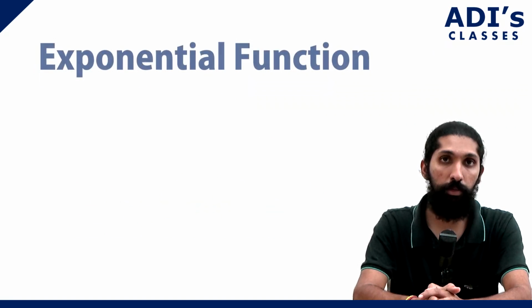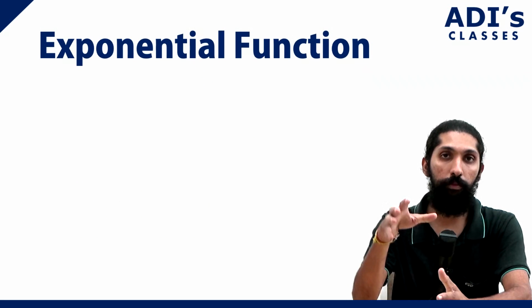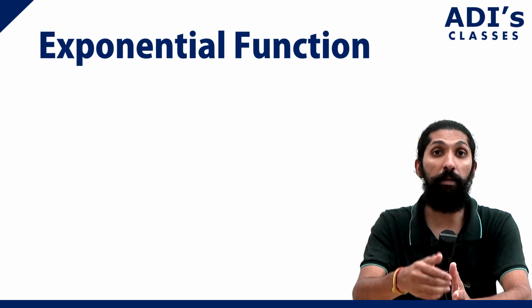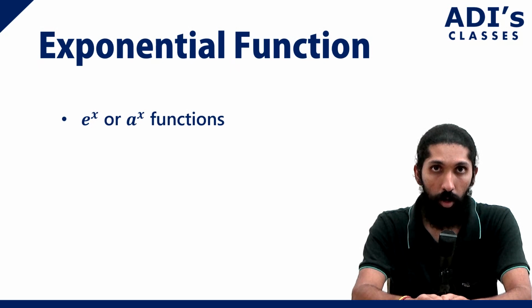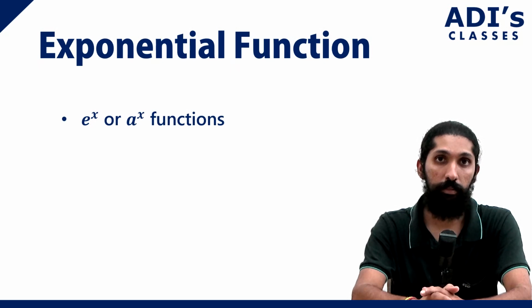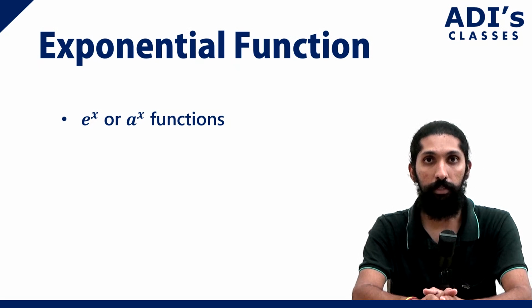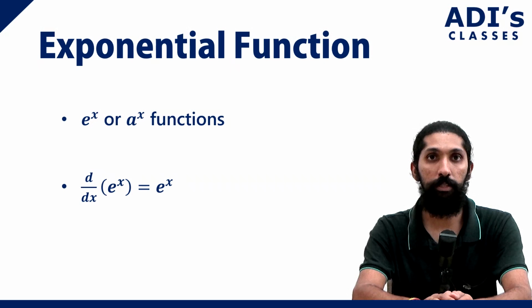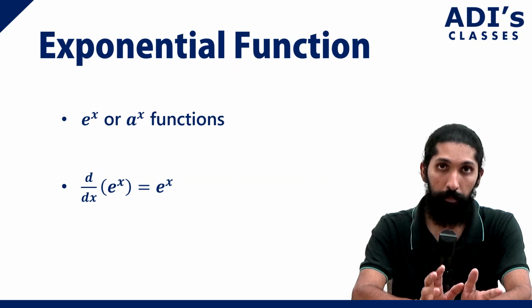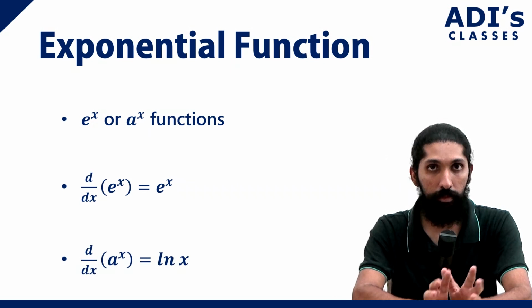Next is the exponential function. When we talk about exponential, that's e power something, isn't it? Let it be e power x or a power x. If you have e power x, then the derivative is e power x itself. A power x becomes a power x log a.